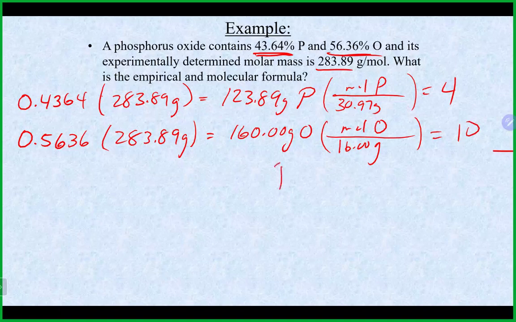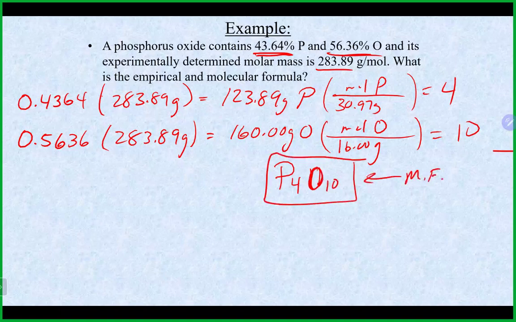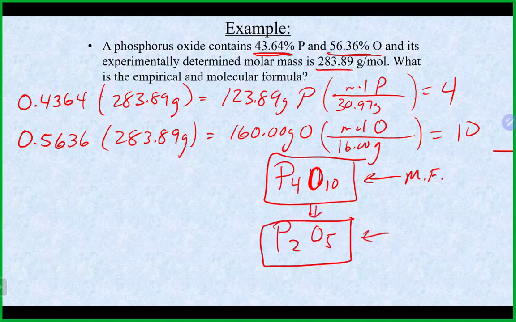So you calculate the molecular formula first by using the percent composition by mass. Then we know the empirical formula is the simplest whole number ratio, which means you just figure out how you could reduce it down. In this case, we could reduce it down by 2 and still hit whole numbers, which would give us P2O5, which would then be our empirical formula.